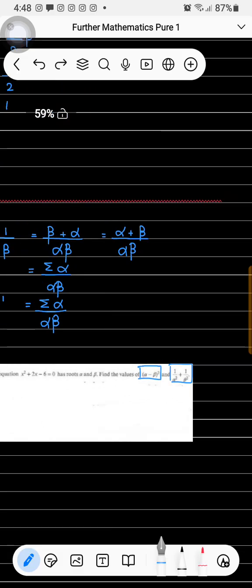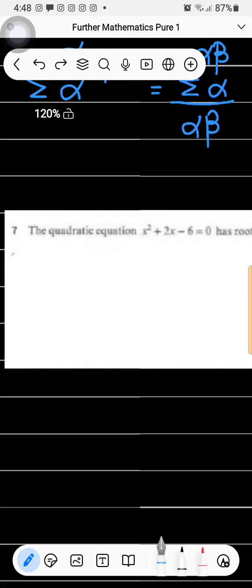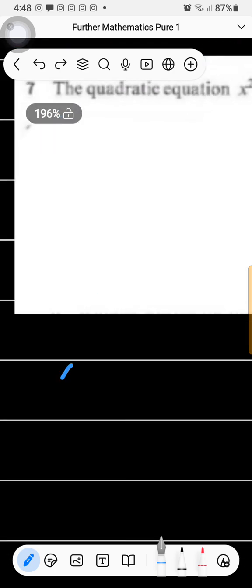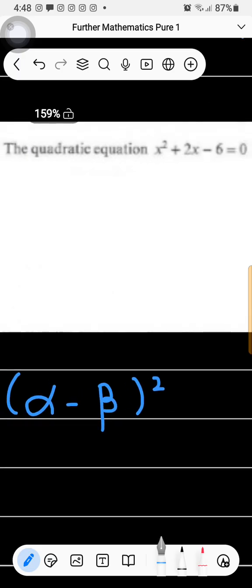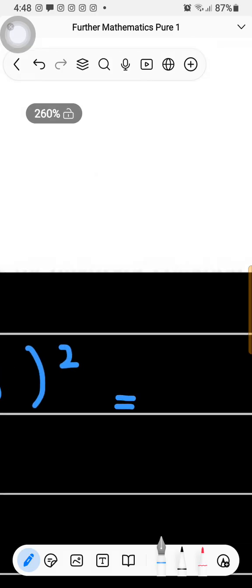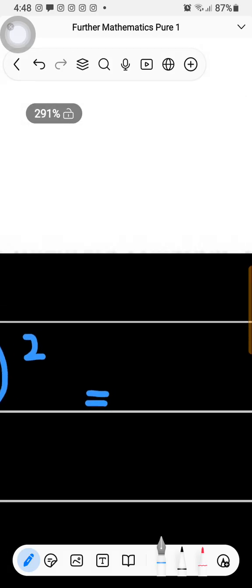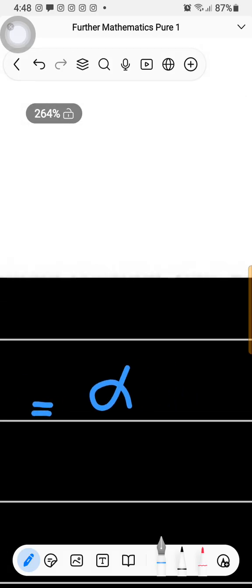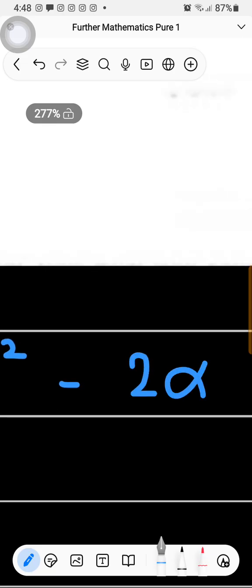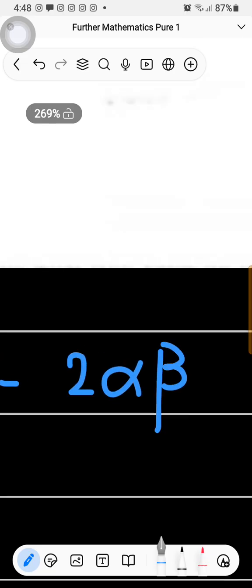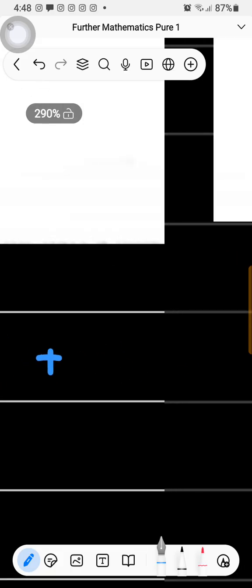First of all, let's expand these. Let's say we have alpha minus beta whole square. We know that a minus b whole square is equal to a square minus 2ab plus b square. We just use this: alpha square minus 2 alpha beta plus beta square.